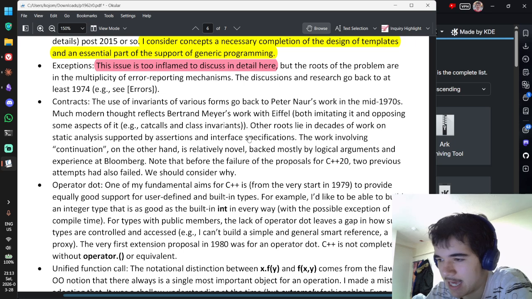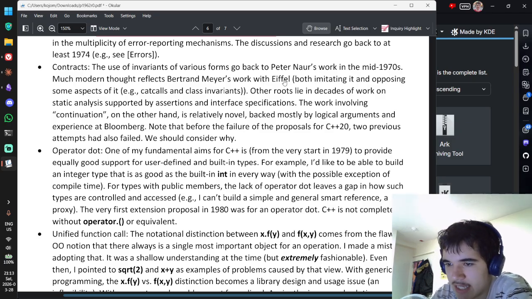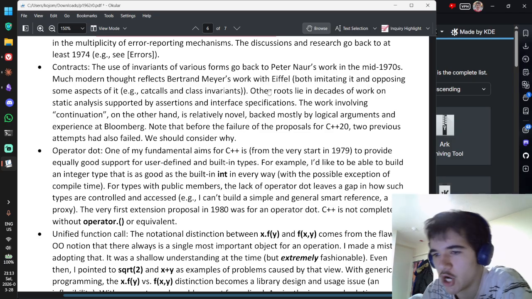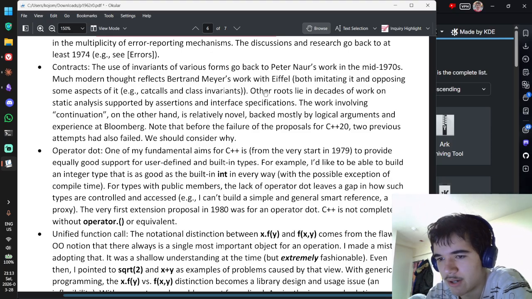Static analysis is a lovely, lovely area of research. The work involving continuation, on the other hand, is relatively novel, backed mostly by logical arguments and experience at Bloomberg. Note that before the failure of the proposals for C++20, two previous attempts had also failed.